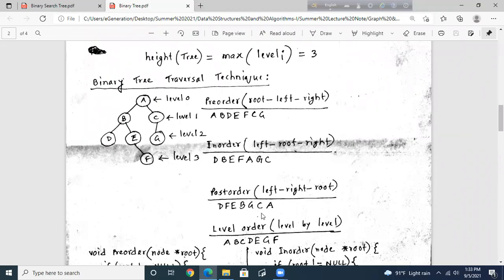Then root is C, I will write C. So left completed, right completed, and root is A, root A is completed. So this is the post order. Dear student, if you have any problem, please ask me question regarding the post order.